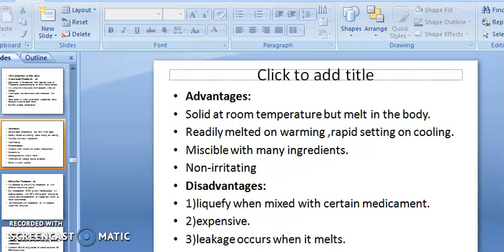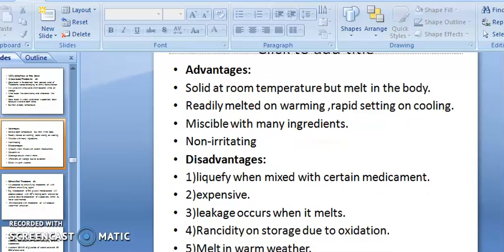Then it also has disadvantages. It liquefies when mixed with certain medicaments. It is an expensive base compared to other bases. Leakage occurs when it melts.